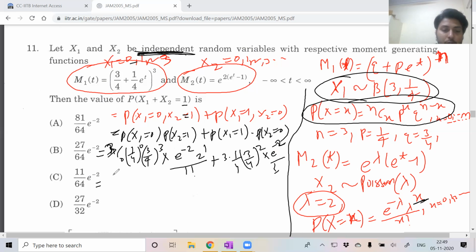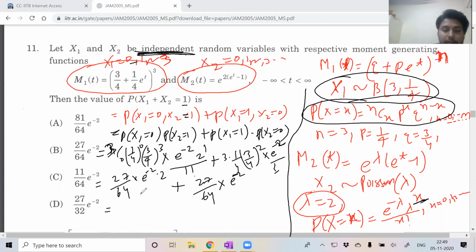So (3 by 4) cube is 27 upon 64, into e to the power minus 2 into 2. Plus 3 upon 4 squared, that is 9, 3 times 9 is 27, upon 64, into e to the power minus 2.